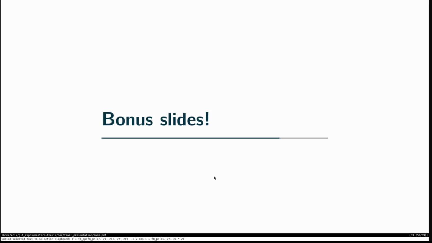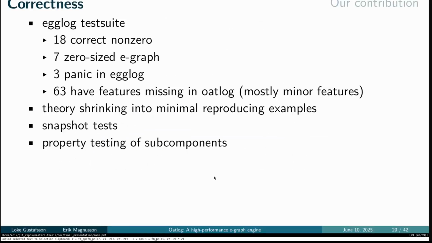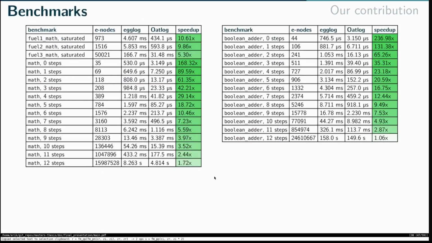I have a question about the ahead-of-time aspects, because you're doing a lot ahead of time in your Oatlog. So we select our indexes ahead of time, but we don't actually construct the graph ahead of time.